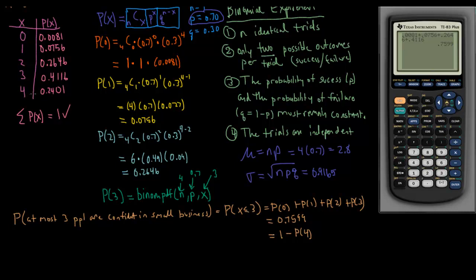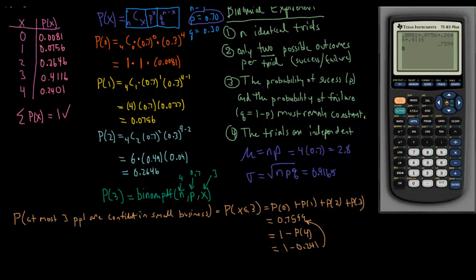So x equals 4 is the complement, and we know that 1 minus the probability of the complement is equal to the probability of the original event. So notice 1 minus the probability of 4 is 1 minus 0.2401, which is that number exactly.